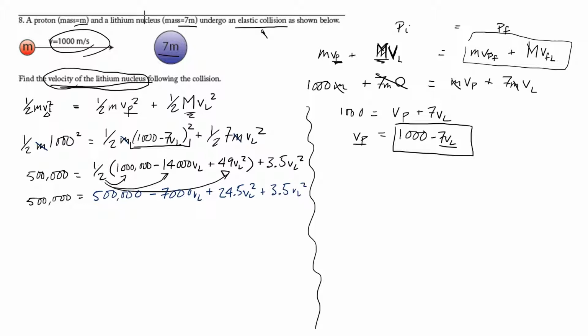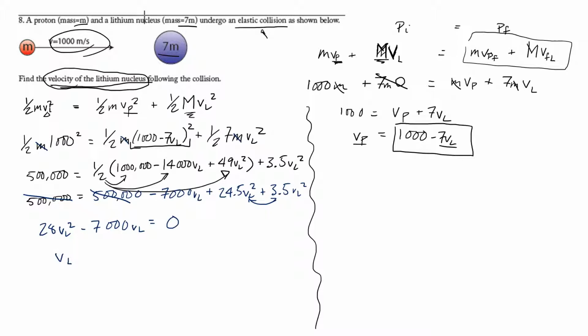Hey, something good happened. We could cancel out these 500,000s. So this becomes a little bit easier. If I simplify it, that means 28 VL squared, I just combine these two, minus 7,000 VL is equal to 0. Hey, this is good. I don't need to do a quadratic.